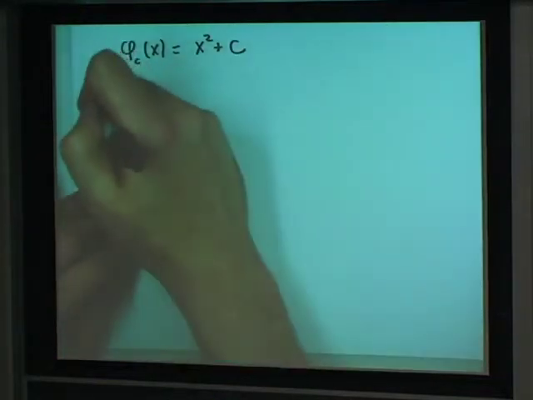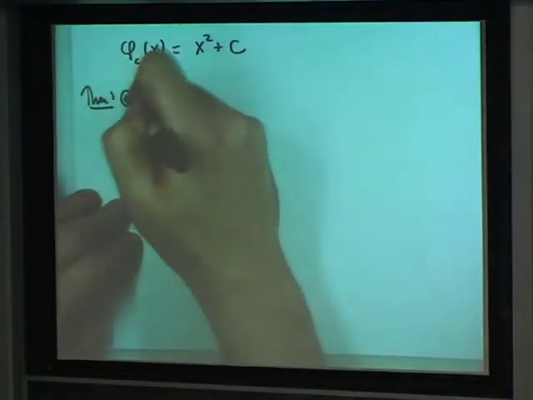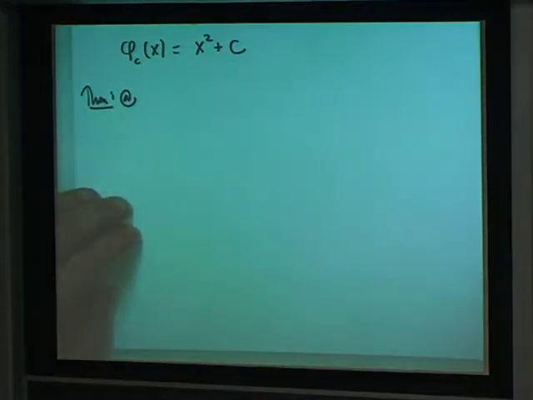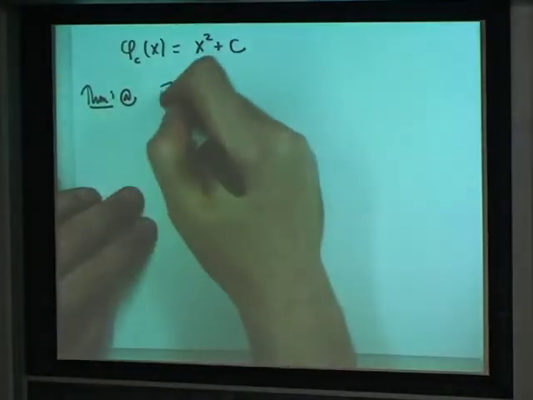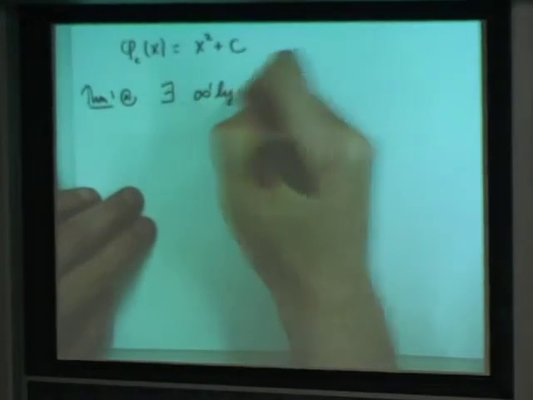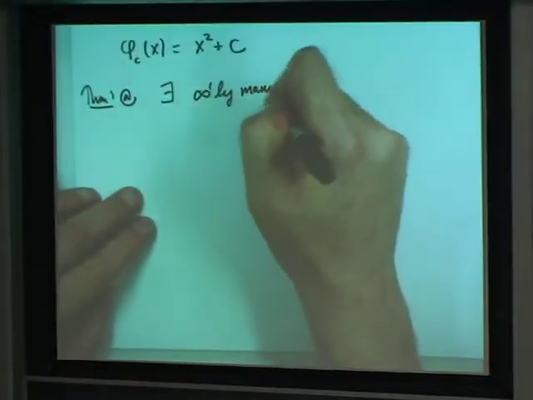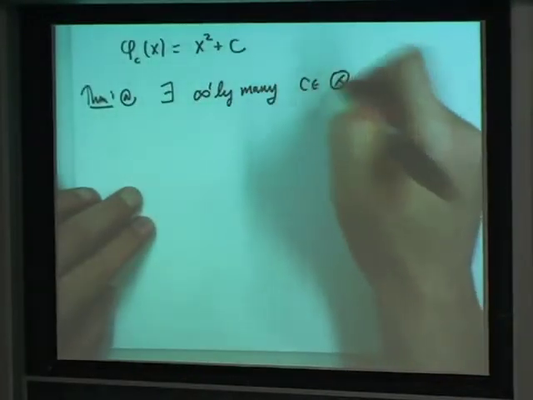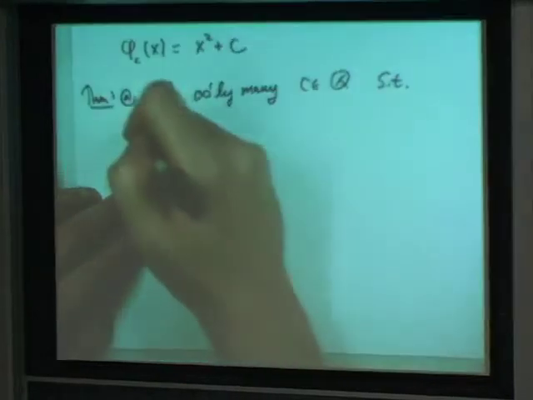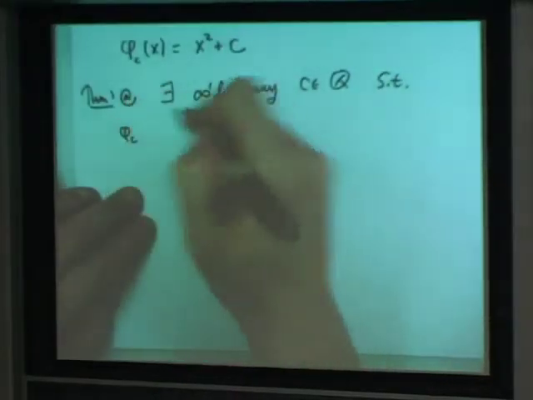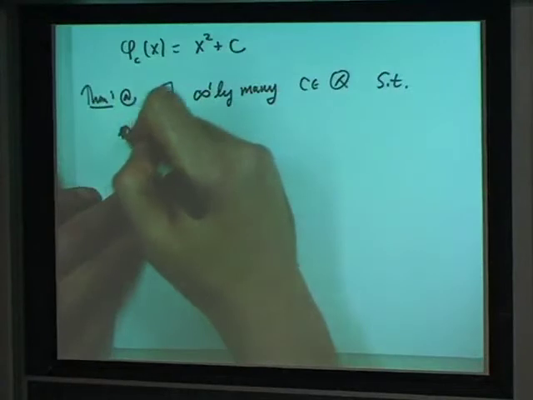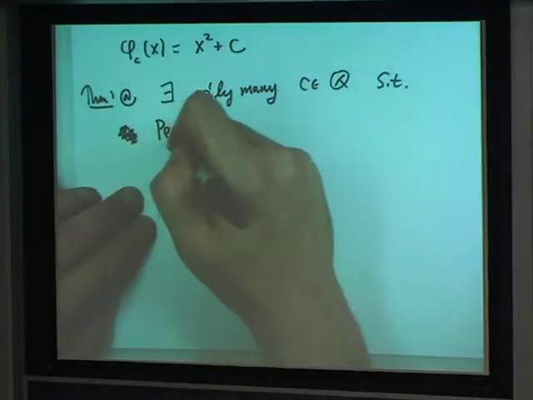So here's a theorem. First, it's very easy to get rational periodic points of period 1, 2, and 3. Okay? So there exist infinitely many rational numbers such that phi c, maybe I'll set some notation on the fly.